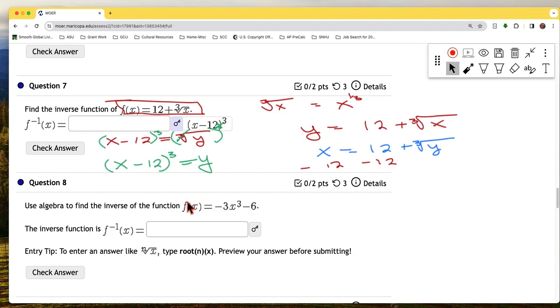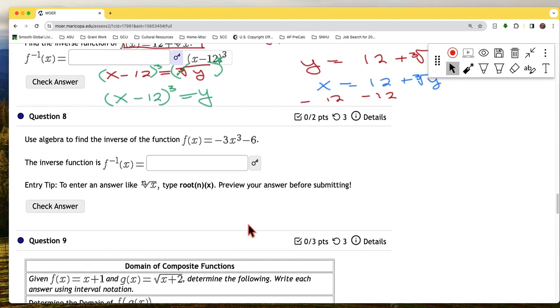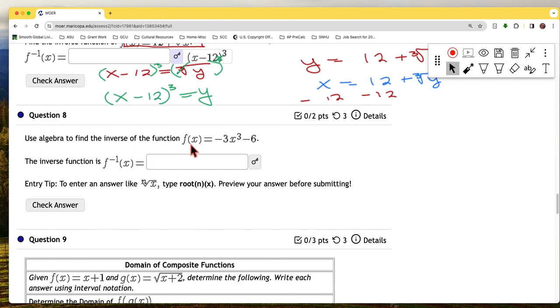Okay. So now it looks like we're getting into cubing, so this is a polynomial rather than a square, a quadratic. Use algebra to find the inverse of this function. And you're going to see with a cube, because there are 3 powers, you can have negatives inside a cube root.